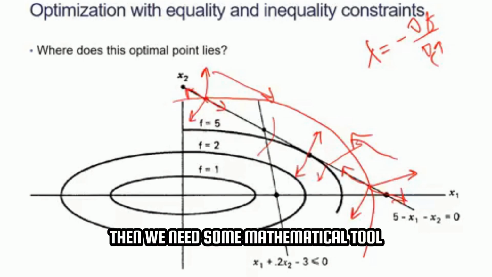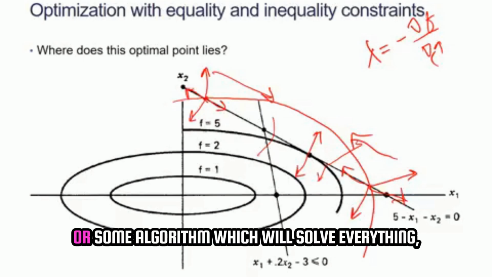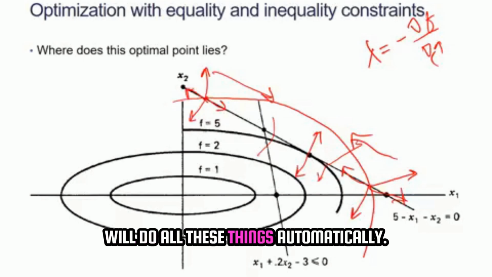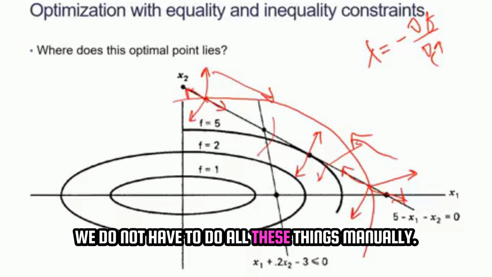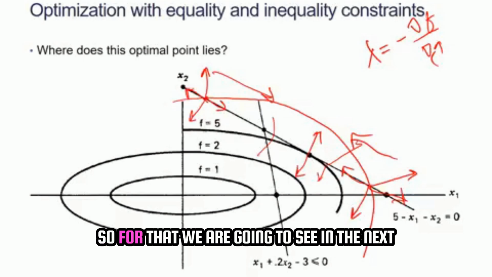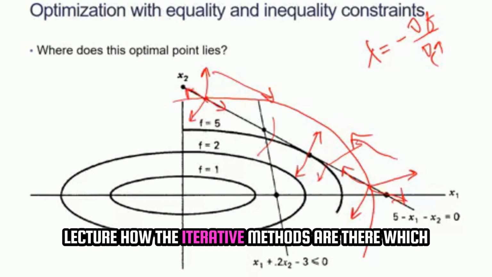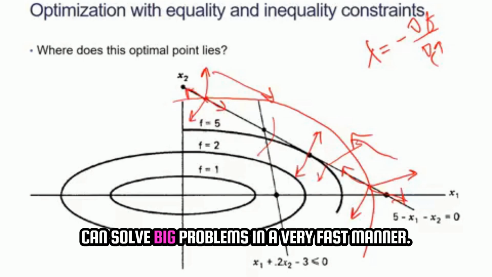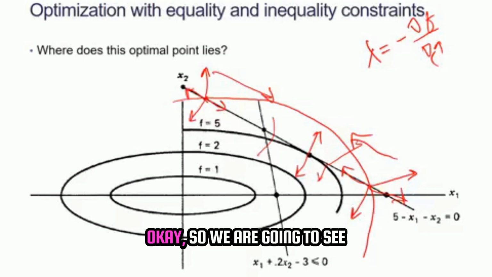Then we need some mathematical tool or algorithm which will do all these things automatically, so we do not have to do them manually. For that, we are going to see in the next lecture how iterative methods can solve big problems in a very fast manner. Okay, so we are going to see that in the next lectures.